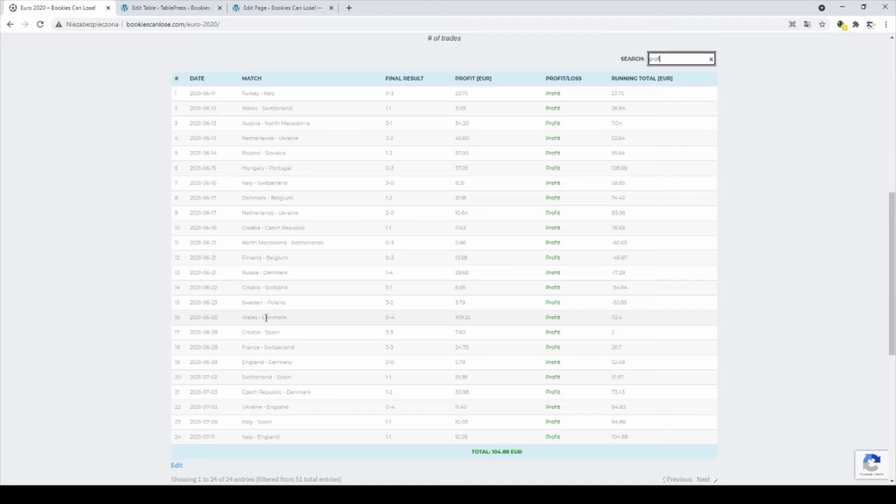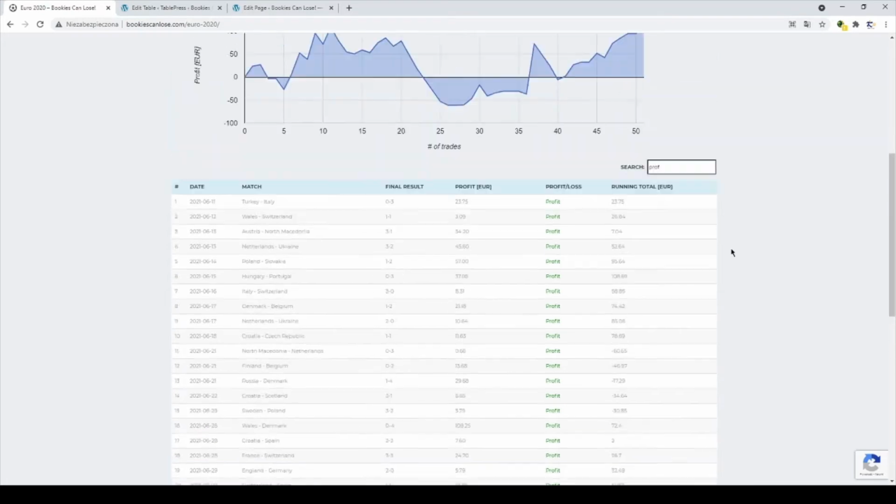If you trade a series of games, you will often have that one game that will boost your profits. You just need to wait for this game, and at the same time keep your losses at a reasonable level. You don't want to have something like minus 100. So overall, this was very good.